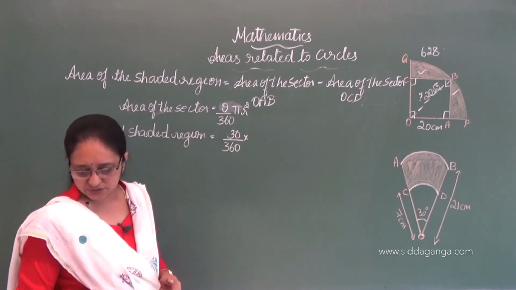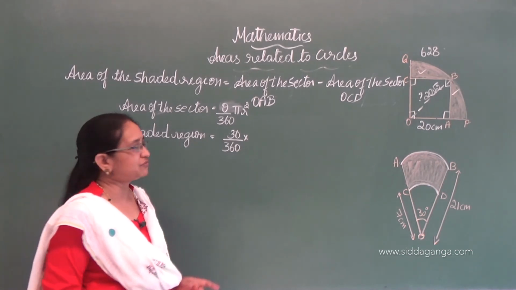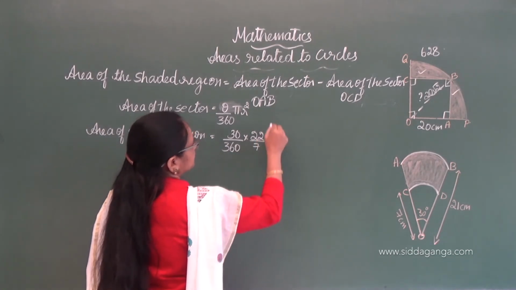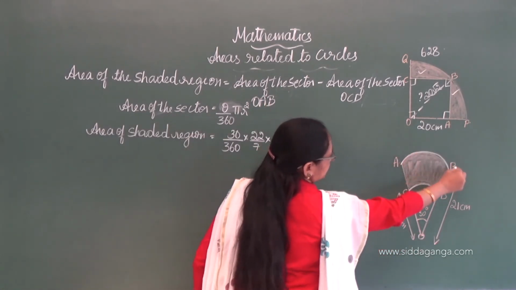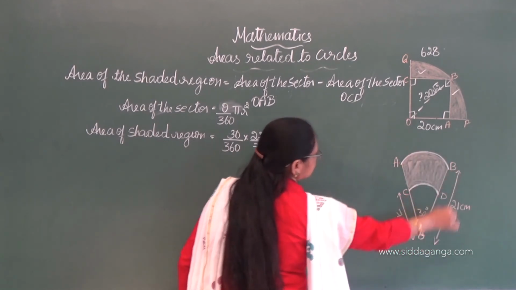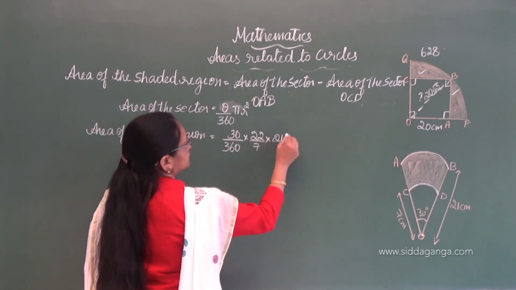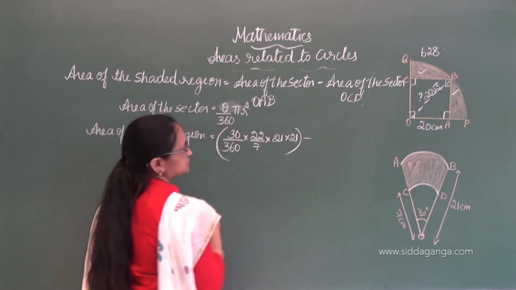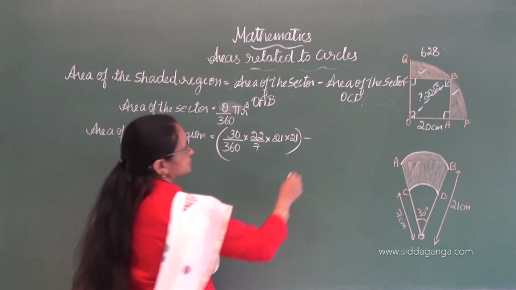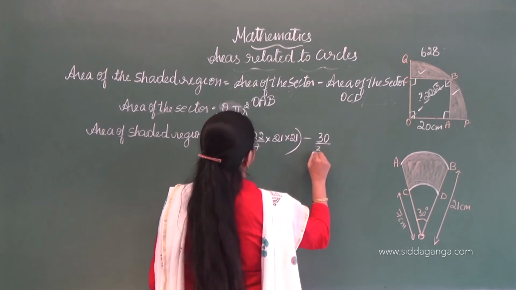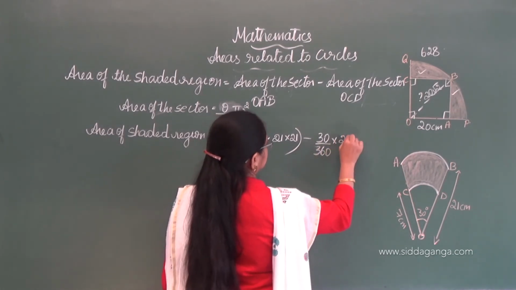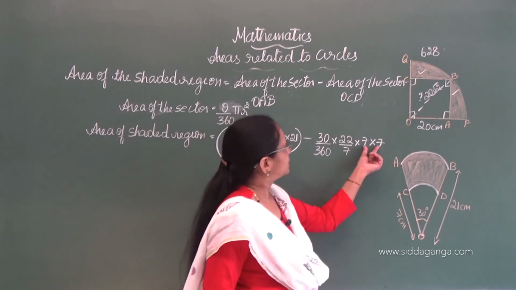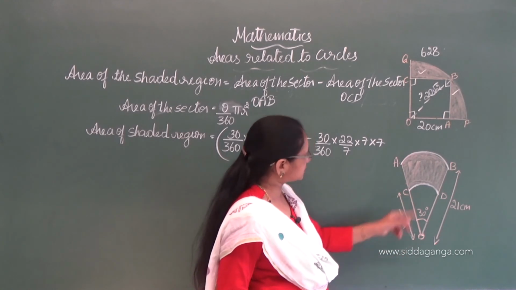Here they have not told us to use 3.14, so we can use 22 by 7 into R. OAB means bigger sector, the radius is 21 into 21, minus 30 by 360 into 22 by 7 into 7, because the radius of the smaller sector is 7 centimeter.